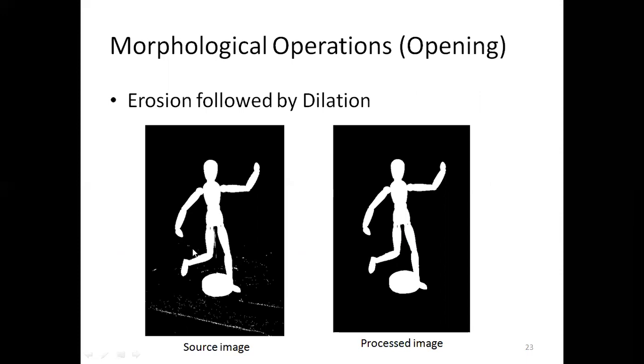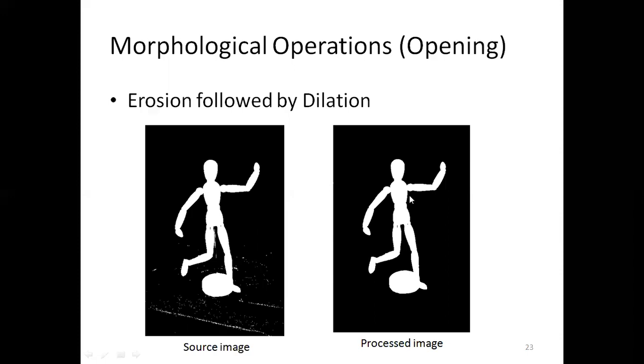Erosion will remove all these noise pixels and make the image more clear. But as erosion also removes the background pixels, we want to make these background pixels visible again. So we apply the dilation operation on the eroded image.